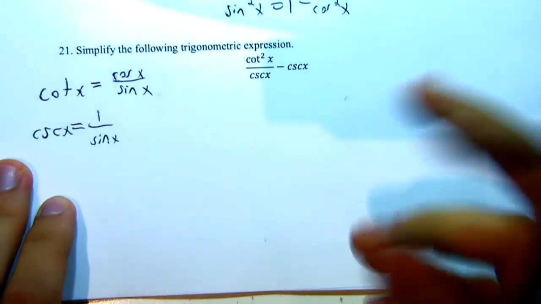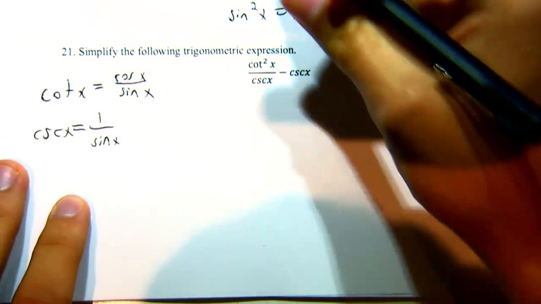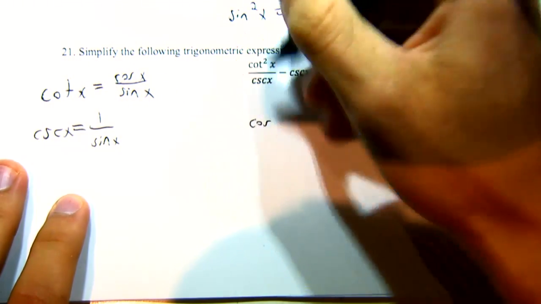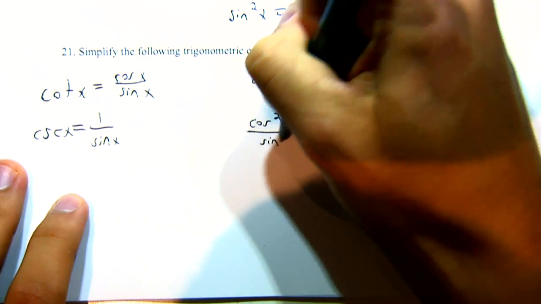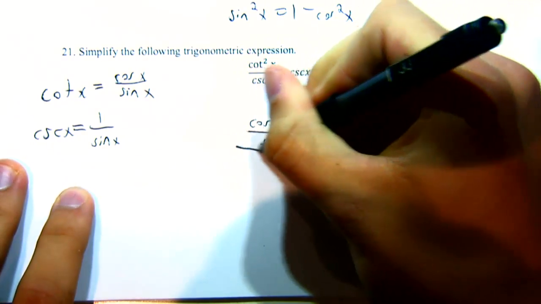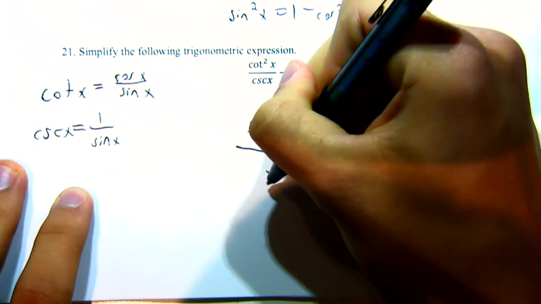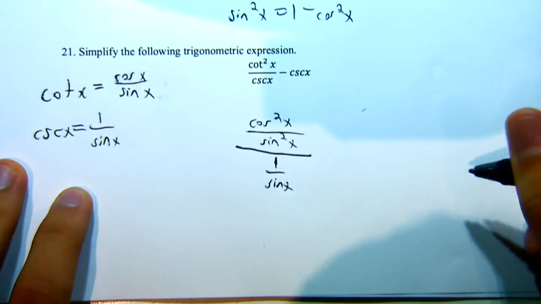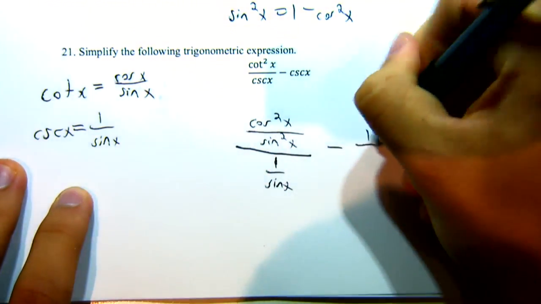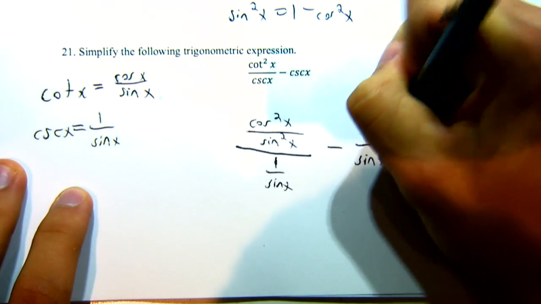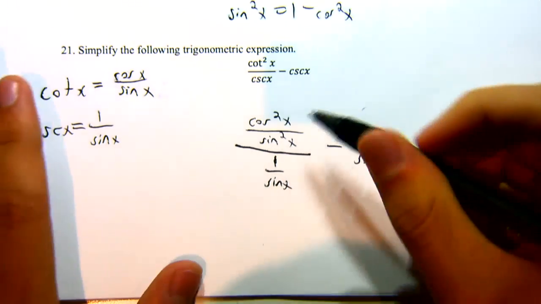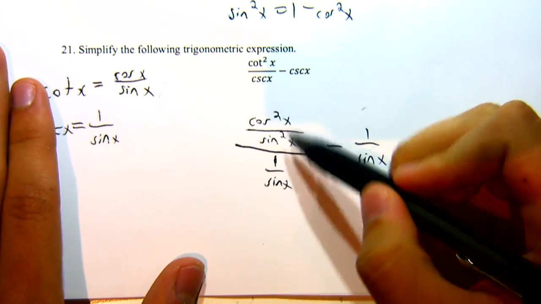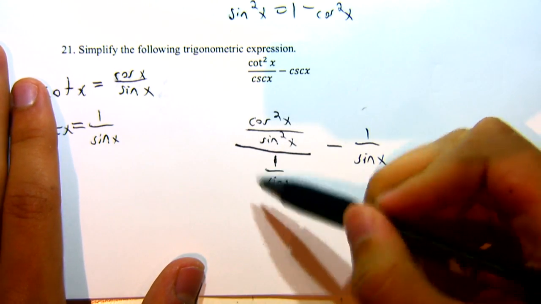So let's substitute that. So we get cosine squared x over sine squared x, all over 1 over sine of x, minus 1 over sine of x. So dividing by 1 over sine of x is like multiplying by sine of x.